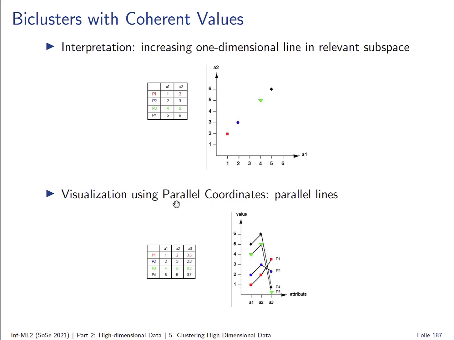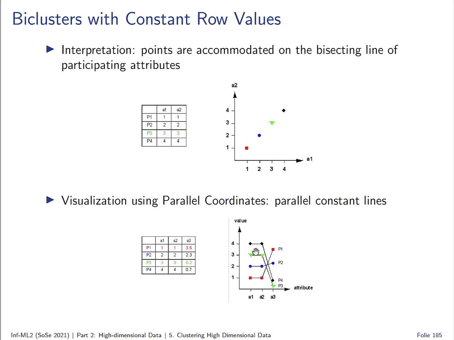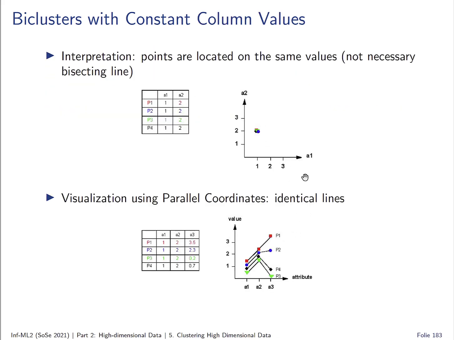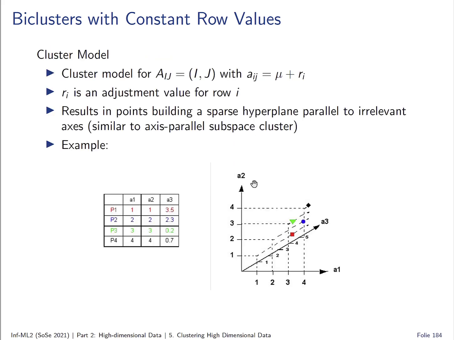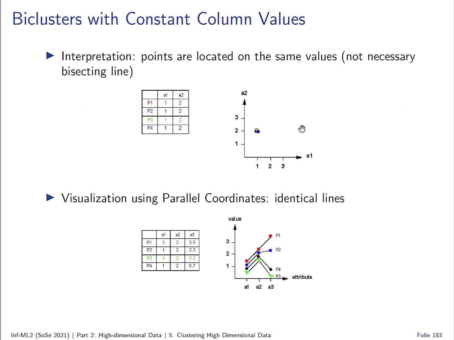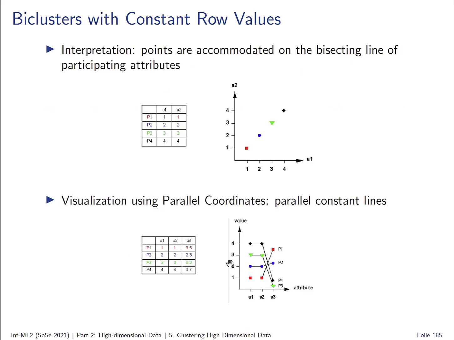And the parallel coordinate visualization is that we have, again, as before here, parallel lines, but they need not be constant anymore. So it's a combination of this pattern here and this pattern, obviously. This here is a line on the bisecting line actually, and this one here in the constant columns is somewhere, but not necessarily on the bisecting line. And we have these identical lines that may change, and here in the constant rows we have parallel constant lines.